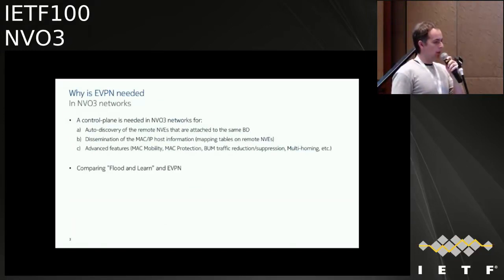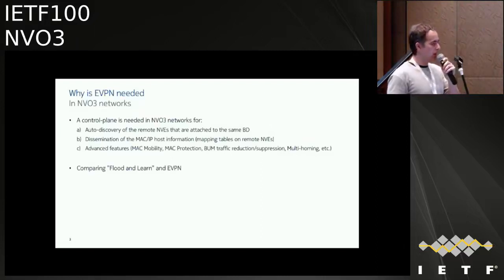So the draft has this section about why EVPN in NVO3 networks. There are certain reasons why EVPN is being used today. From a control plane perspective, we need these three things that you have in the slide. We need the auto discovery of the remote NVEs in the network that are attached to the same broadcast domain.